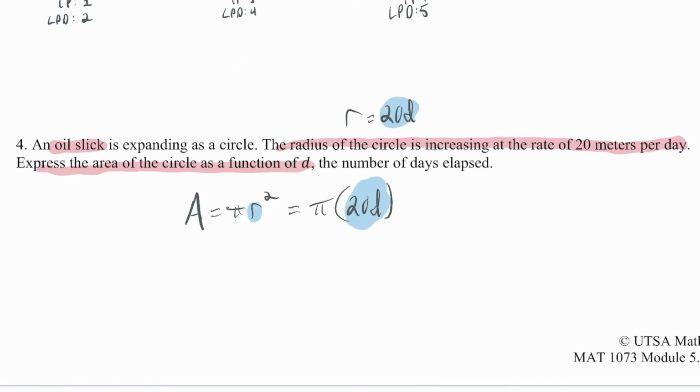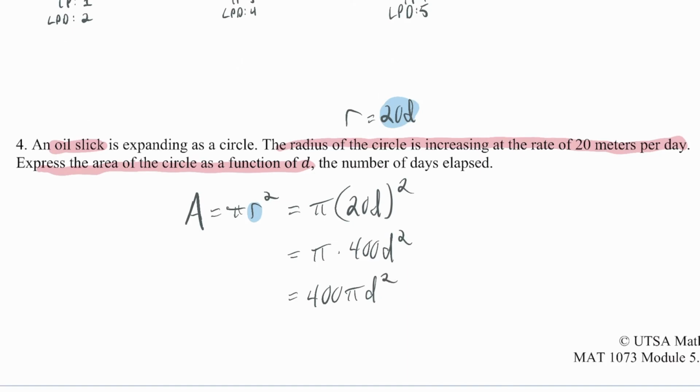And anything that happens to r afterward happens to 20d as a group. So that's then squared. So then I could say, okay, this is pi times 400 d squared, right? And as I typically would write this, 400 pi d squared.